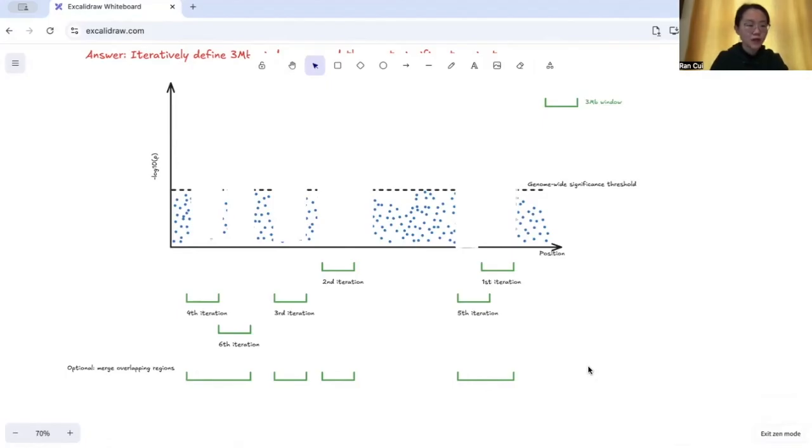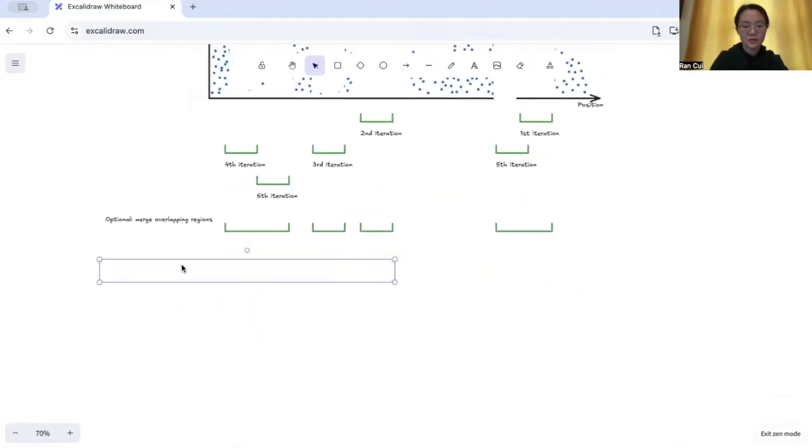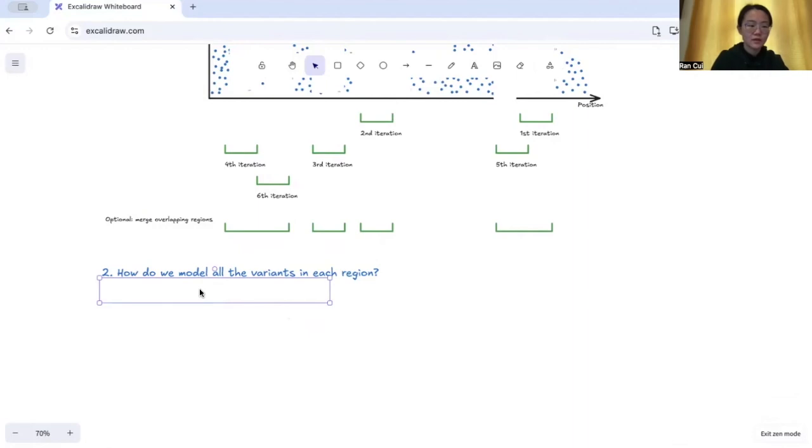All right, so now that we have our regions, each of these regions contains tens of thousands of variants. So how do we model them all? Good question. And this was one of my first questions after learning about fine mapping.